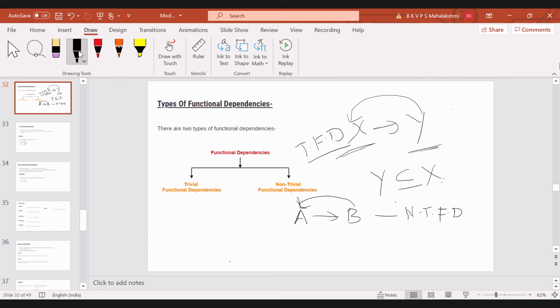What is the trivial functional dependency property? If the right hand side attribute is a subset of or equal to the left hand side attribute, then it is trivial. So it is not holding that property, so it is called non-trivial.